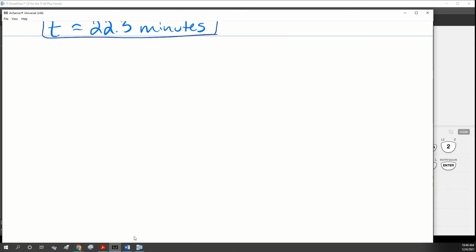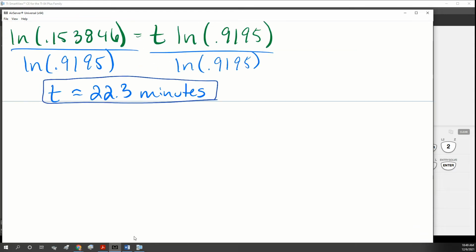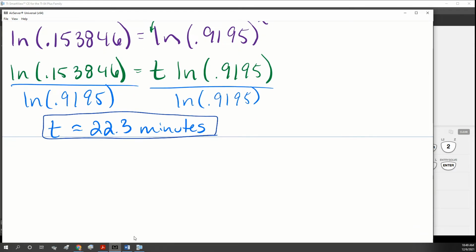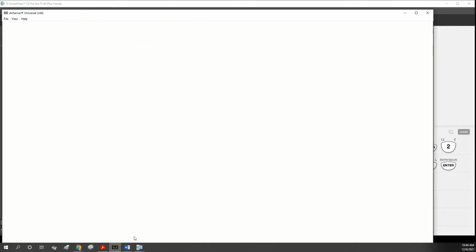All right, then we did talk about, like, back before Thanksgiving break, we talked about the half-life formula. So I'm going to remind you of it, because it's been a little while. So all radioactive material decays over time, and they are assigned a half-life, which is how long it takes for half of the original amount to be left.